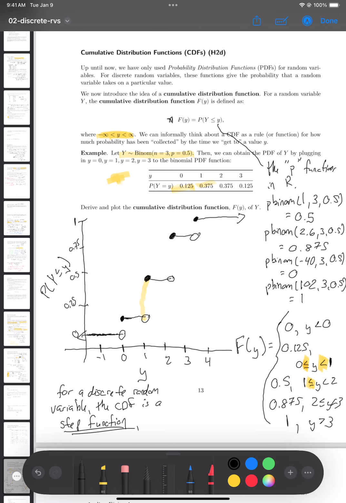And the steps occur where there is some positive probability. So the steps occur where the probability that the random variable y is equal to some value little y is greater than 0. And we've seen that in the graph that we have constructed.